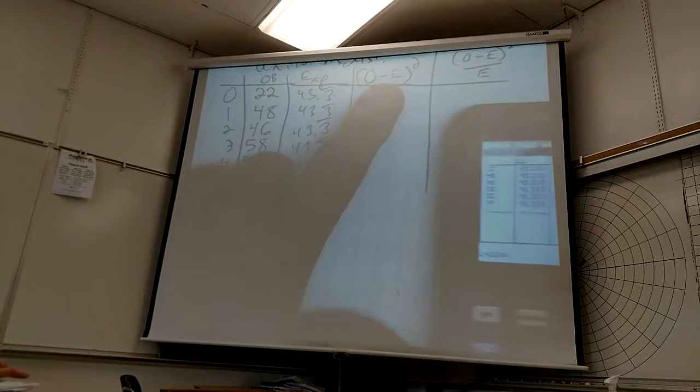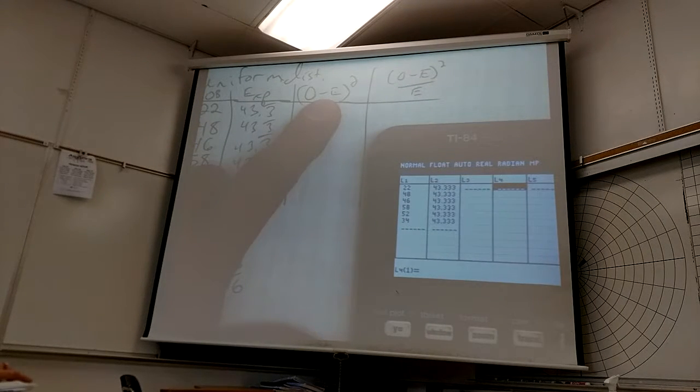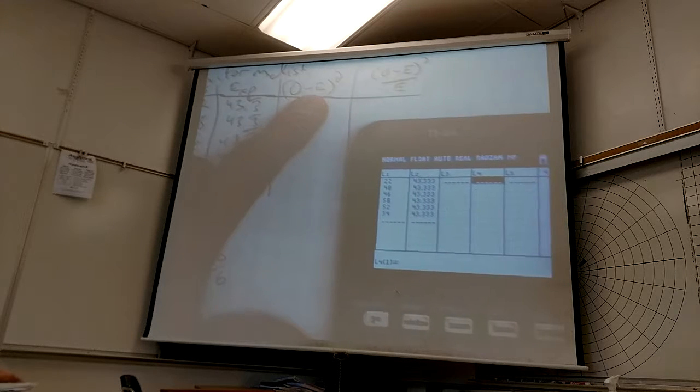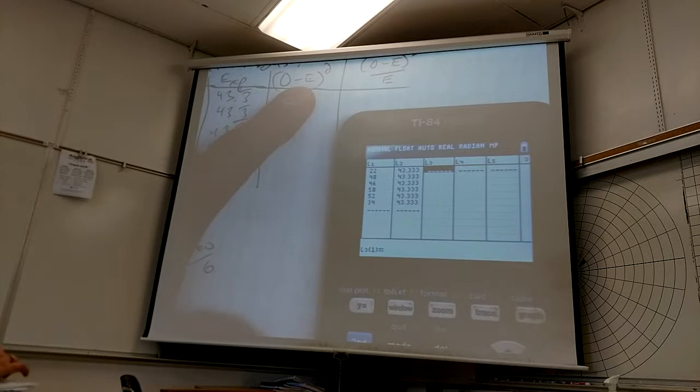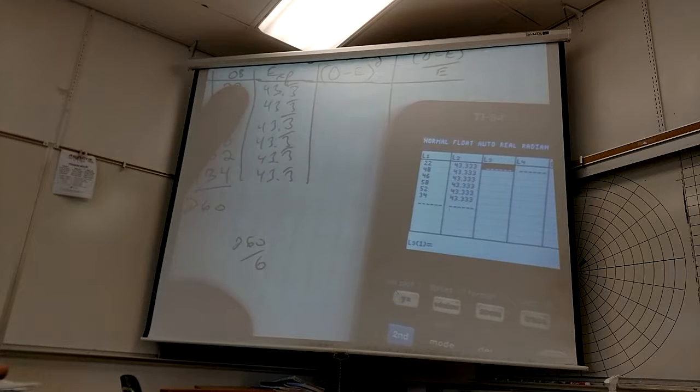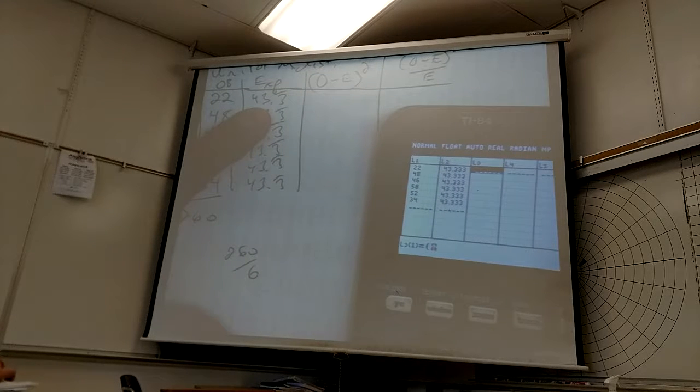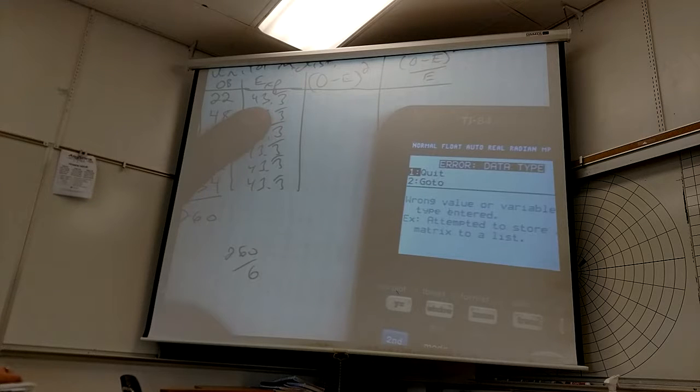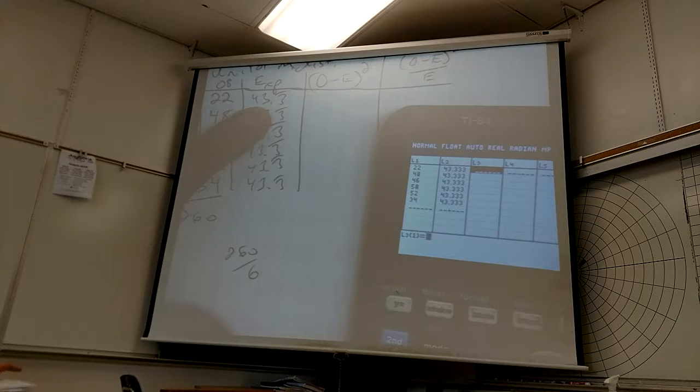So now I can make this observed minus expected squared. So this would be L1 minus L2 squared. Gotta go up here.